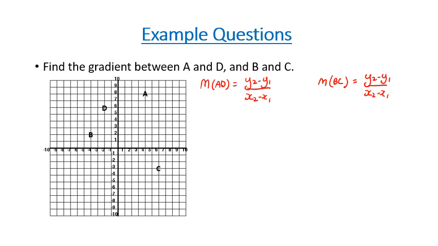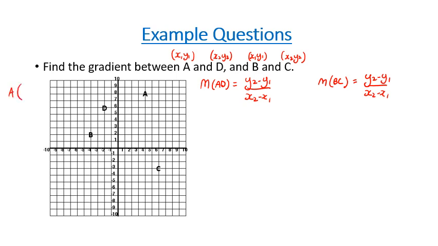Now remember that in our first example, A is the first point, so this is going to be x1, y1, and D is going to be x2, y2. In our second example, B is going to be x1, y1, and C is going to be x2, y2.